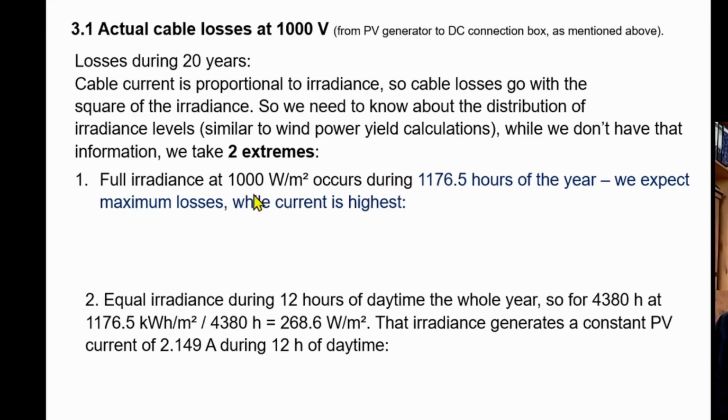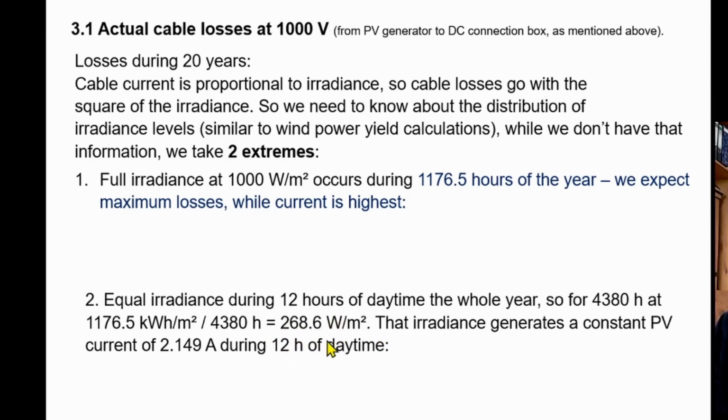That's one extreme case, full irradiance. Or the opposite, where we have an equal irradiance, not over 24 hours, that would be exaggerated, but during 12 hours. So you have an average irradiance during that period of about 268.6 watt per square meter, so only a fourth of that irradiance, and accordingly only a fourth of that current.